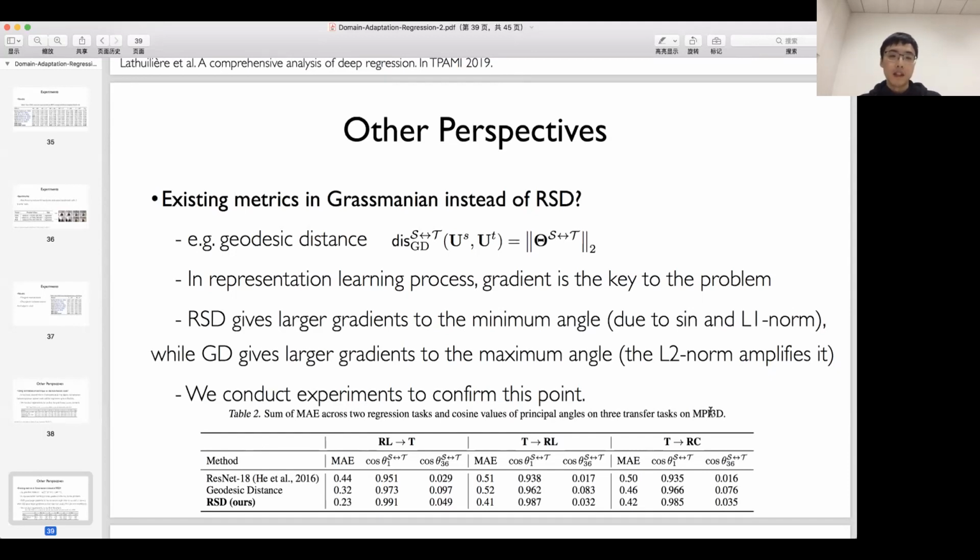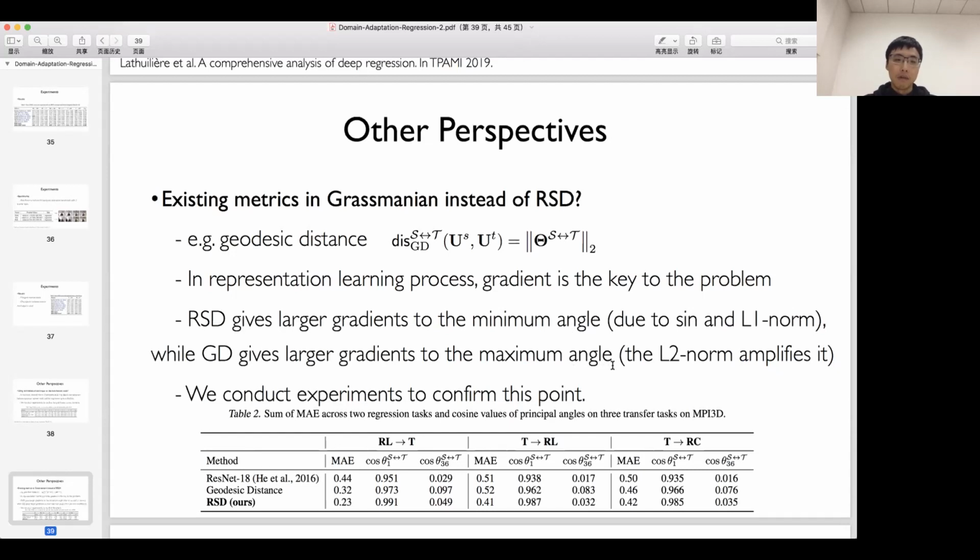I think in the representation learning process, the gradient is the key to the problem. We can find that ISD uses a sine function and L1 norm, and the geodesic distance uses L2 norm. So ISD can give a larger gradient to the minimum angle, and GD gives a larger gradient to the maximum angle. What does it mean?